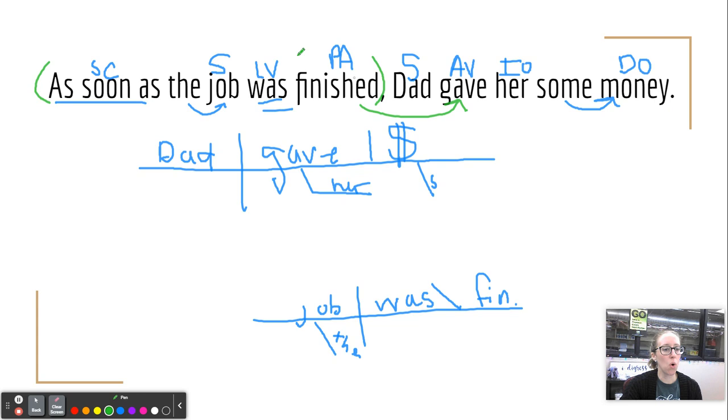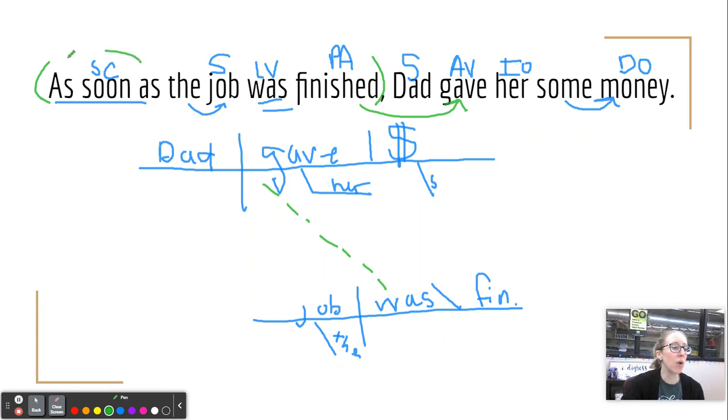So this whole subordinate clause is answering that adverb question when in relation to the verb. So we are going to connect these two clauses with a dotted line between the two verbs, from the verb in the subordinate clause to the word it's modifying in the independent clause, which also just happens to be the verb. So we're just going to put a little dotted line here.